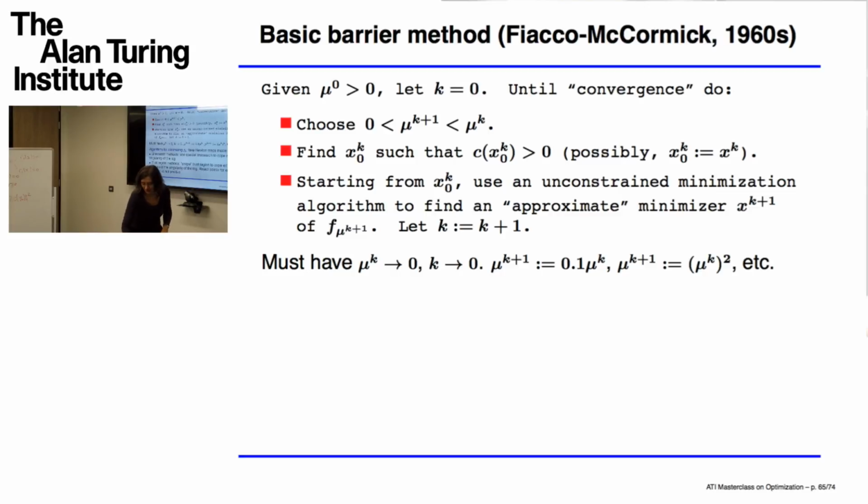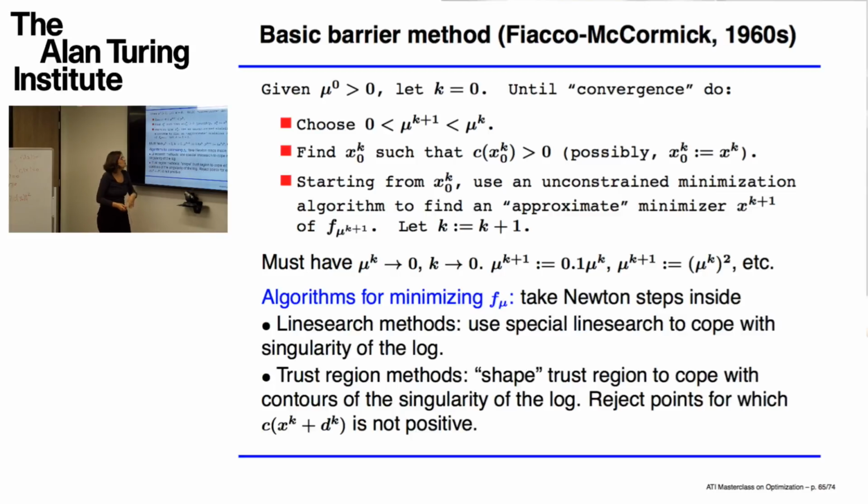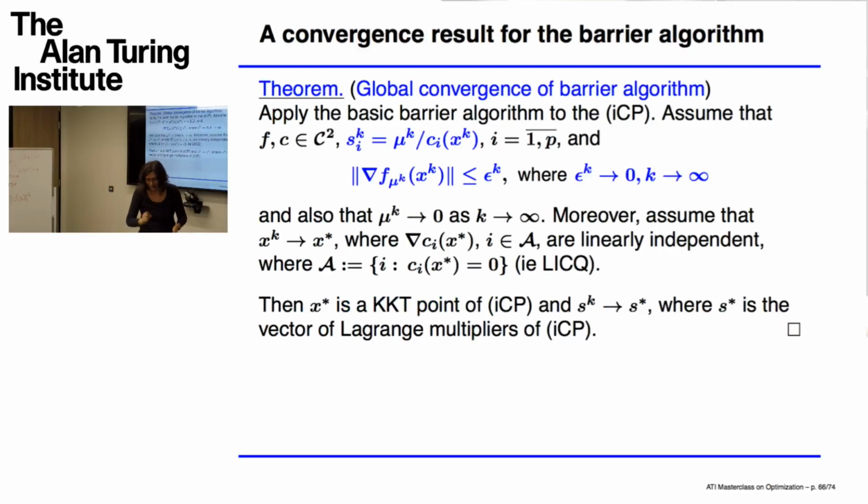Again, you can minimize f mu using unconstrained minimization, but you do have growing ill conditioning. In fact, it was so bad, and it is so bad if you do nothing about it, that these methods, invented in the 60s, completely fell out of favor by the 1990s. Nobody was using them anymore because this ill conditioning was really killing you. It was worse than for penalty methods.